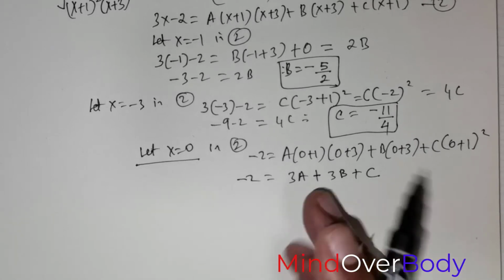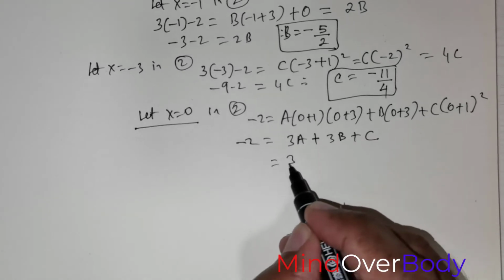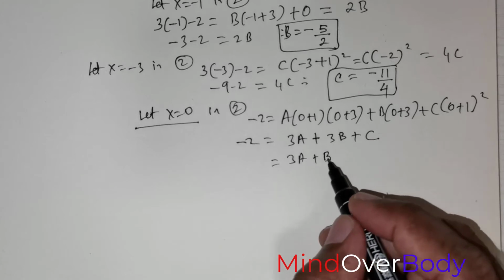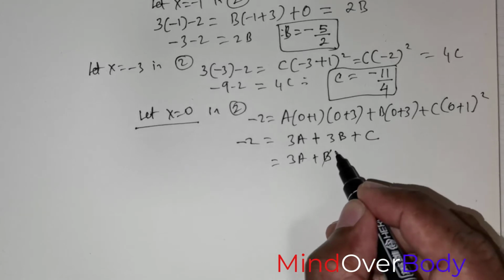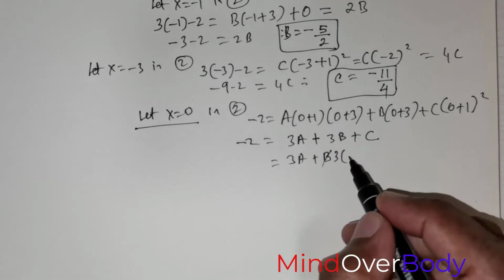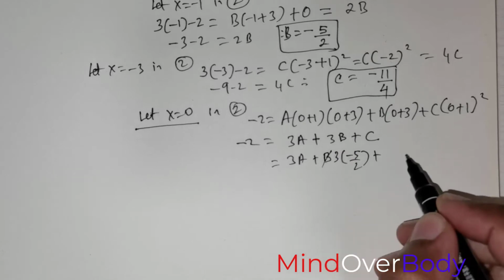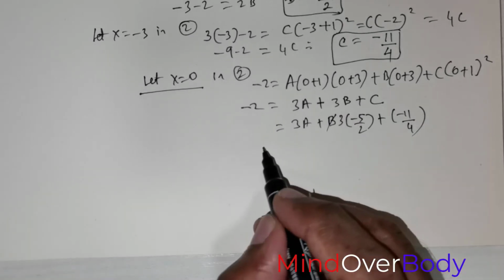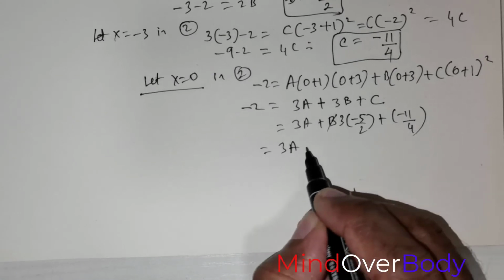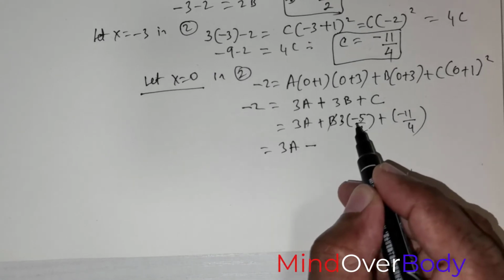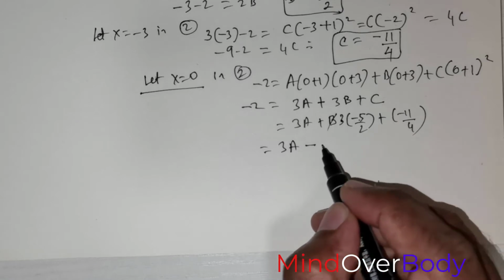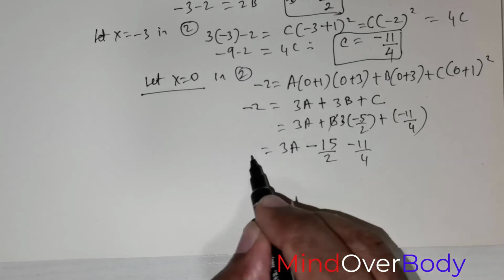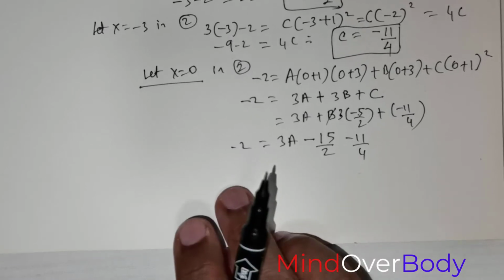On the left side is going to be negative 2, and instead of this I need to place the value of b, which is negative 5 over 2, and the value of c is negative 11 over 4. So this is going to be 3 times a, plus 3 times negative 5, that's going to be negative 15 over 2, negative 11 over 4, and I got a negative 2 here.